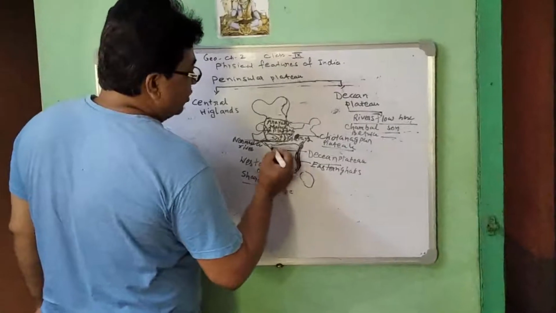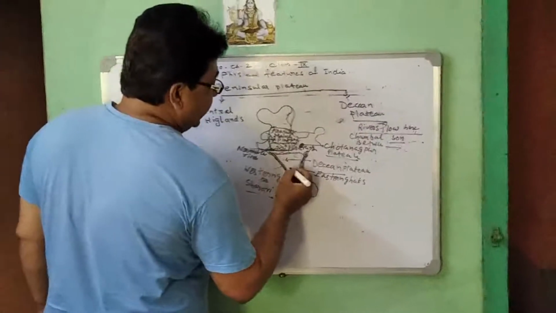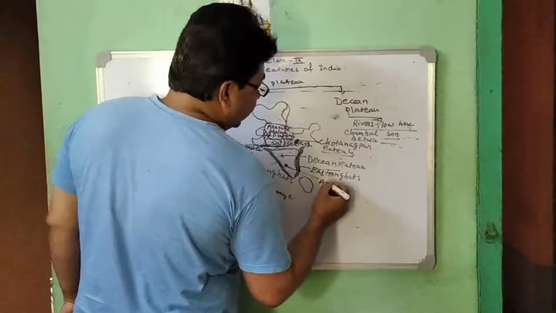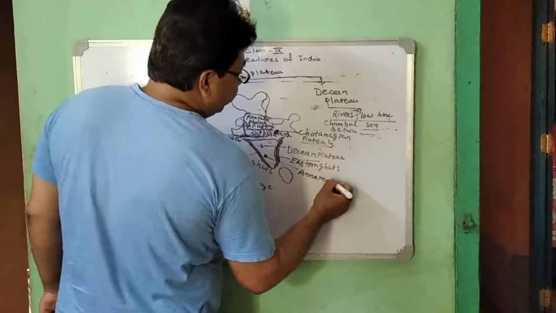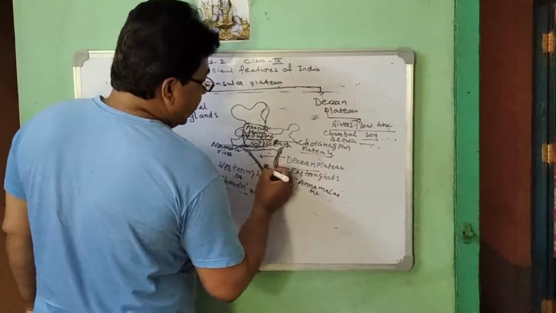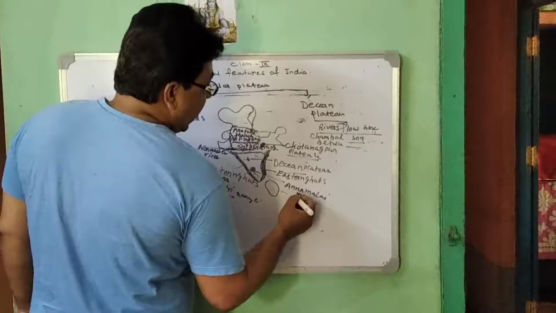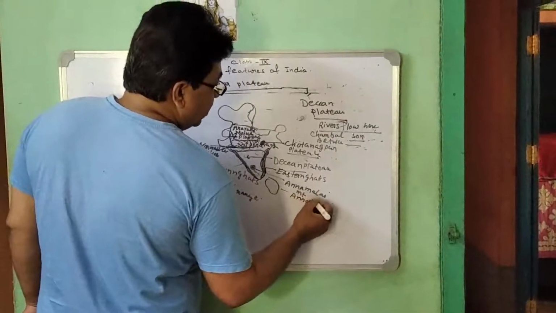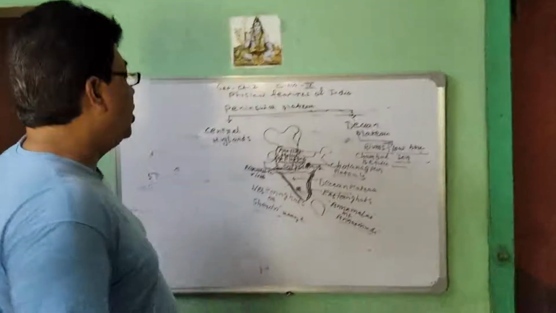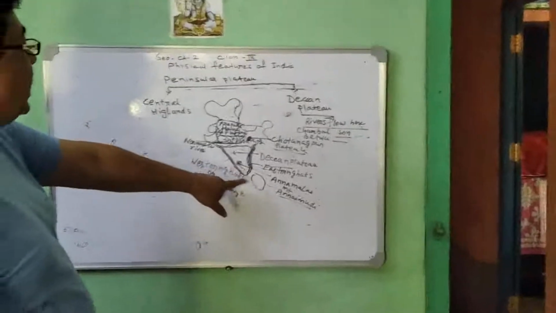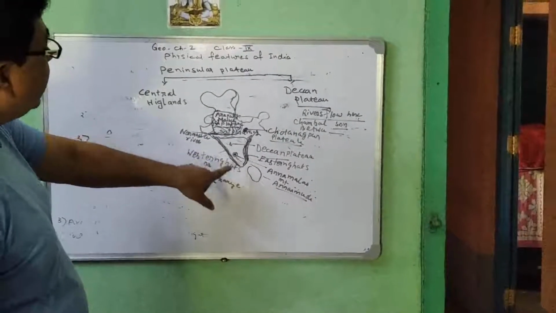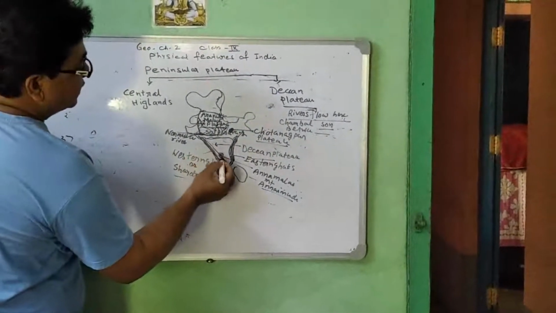The highest mountain in the Western Ghats is known as the Annamalai mountain, and the peak of the Annamalai is known as Anaimudi. So Anaimudi is the peak of the Annamalai mountain in the Western Ghats.